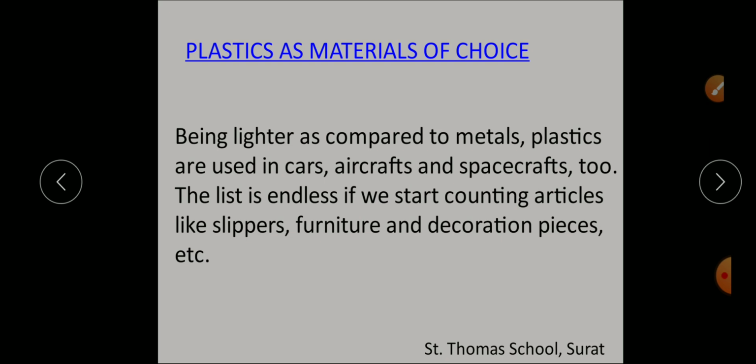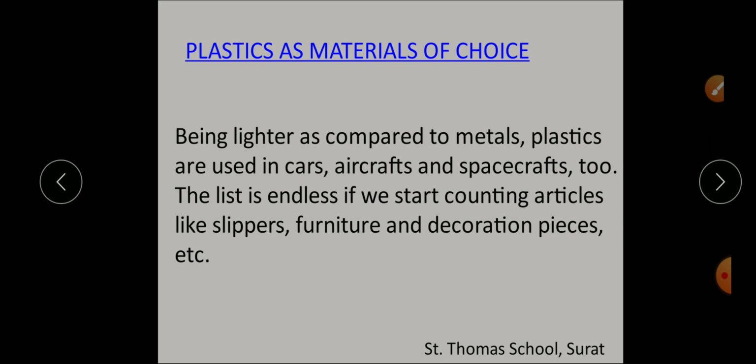So a large number of items are made from what? They are made from plastics. Like toys, phones, parts of computers, pens, television, bottles, optical lenses, furniture, toothbrushes, combs, medical equipment, parts of cars, aircrafts and spacecraft, etc. So the list is endless.